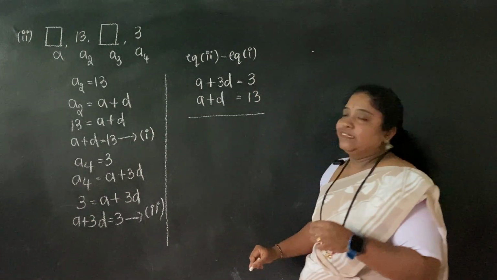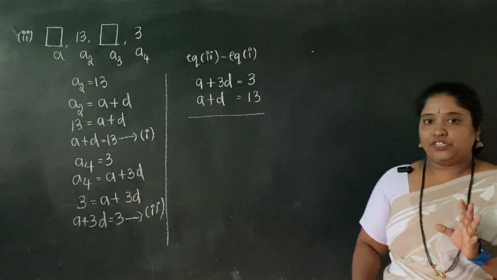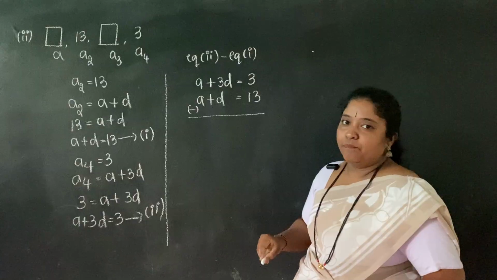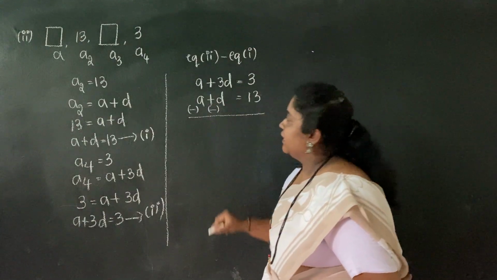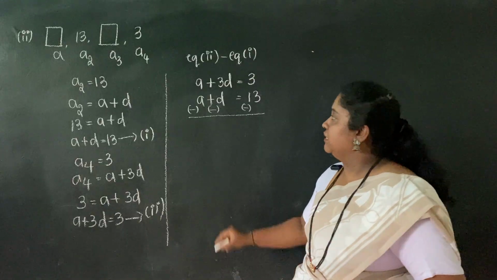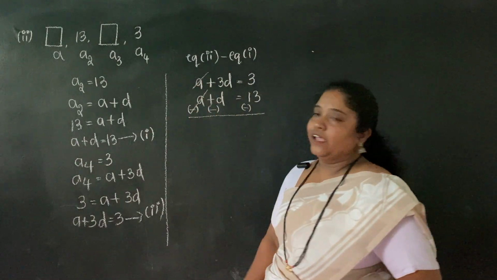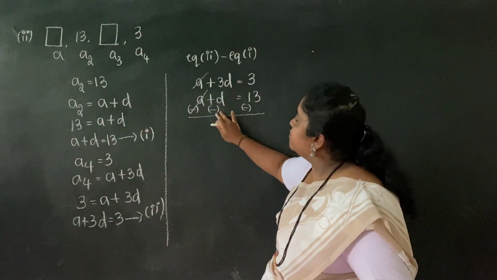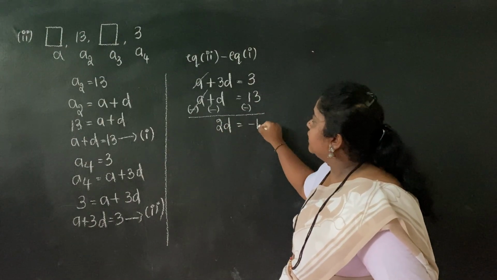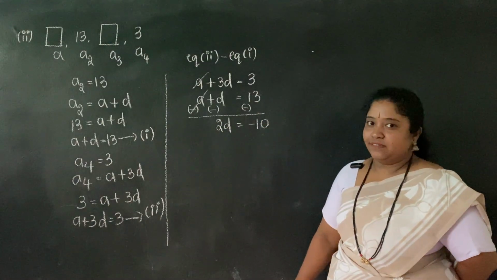Now since I am subtracting, I have to change the sign. Positive A will become negative A, positive D will become negative D, positive 13 will become negative 13. You just see here, A minus A got cancelled. 3D minus D will become 2D, isn't it? 3 minus 13 will become how much, dears? Minus 10, is it not?